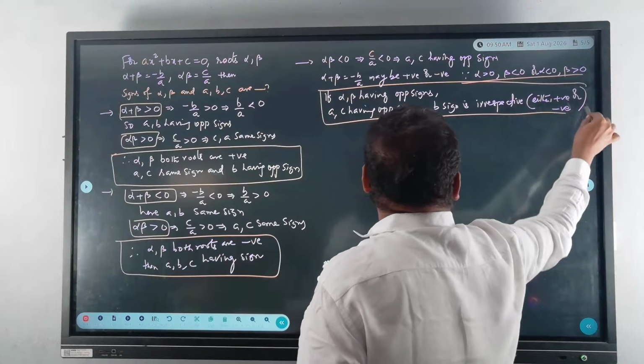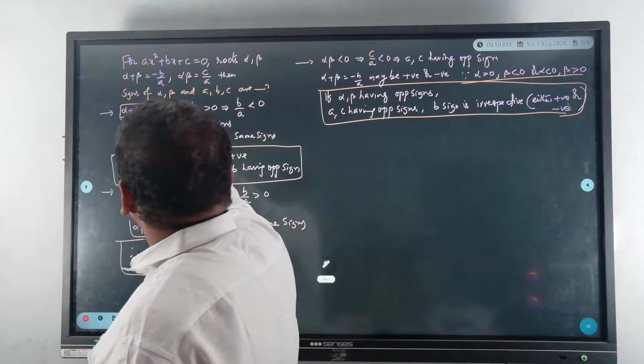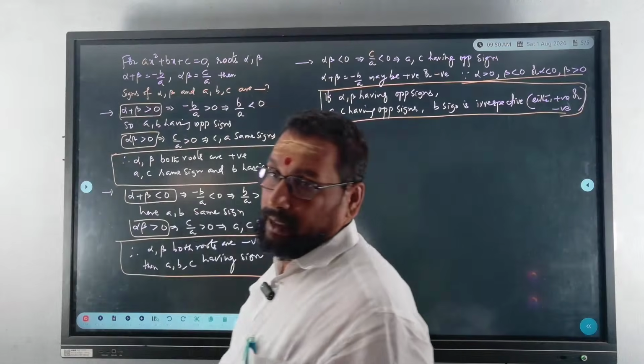So these three cases are the relations about signs of alpha, beta and a, b, c.